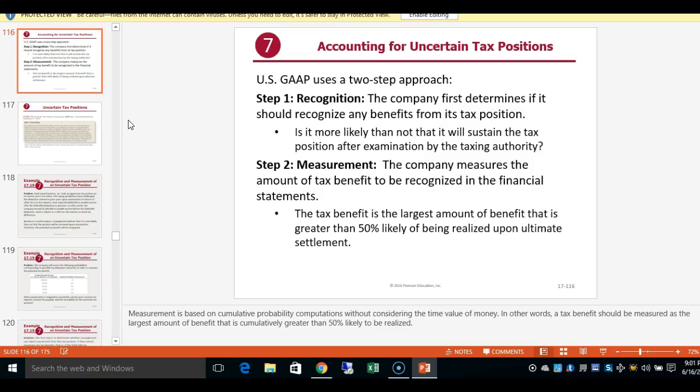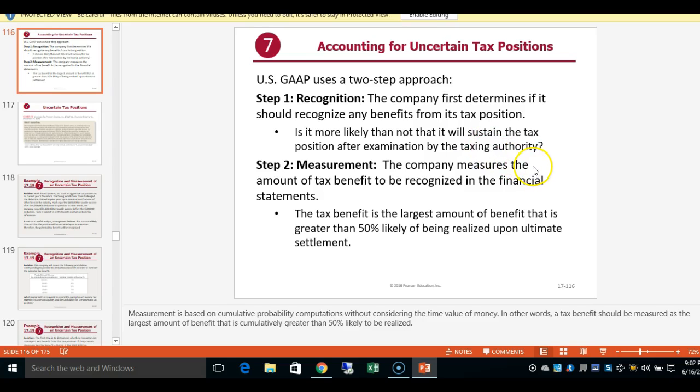So there's a two-step approach. Step 1, the company first determines if it should recognize any benefits from its tax position. It is more likely than not that it will sustain the tax position after an examination by the tax authority.